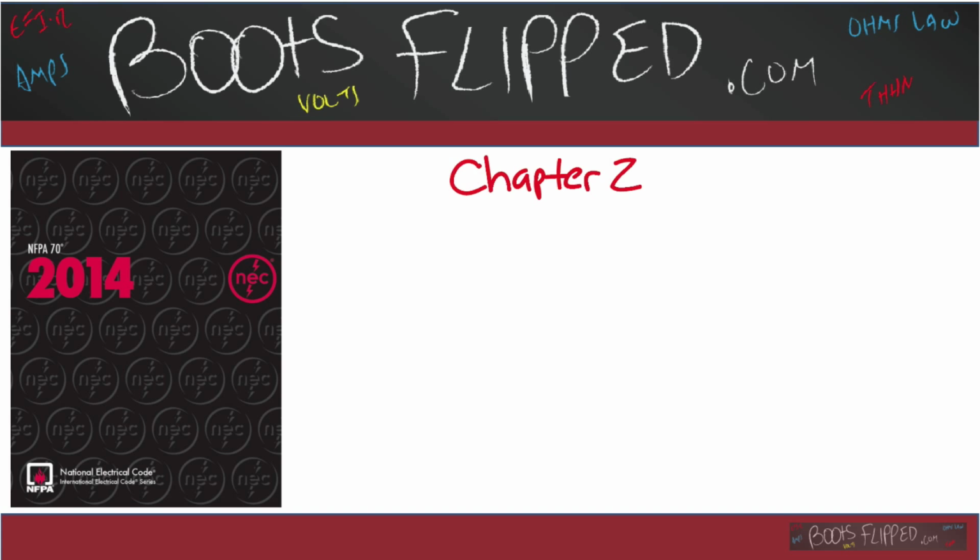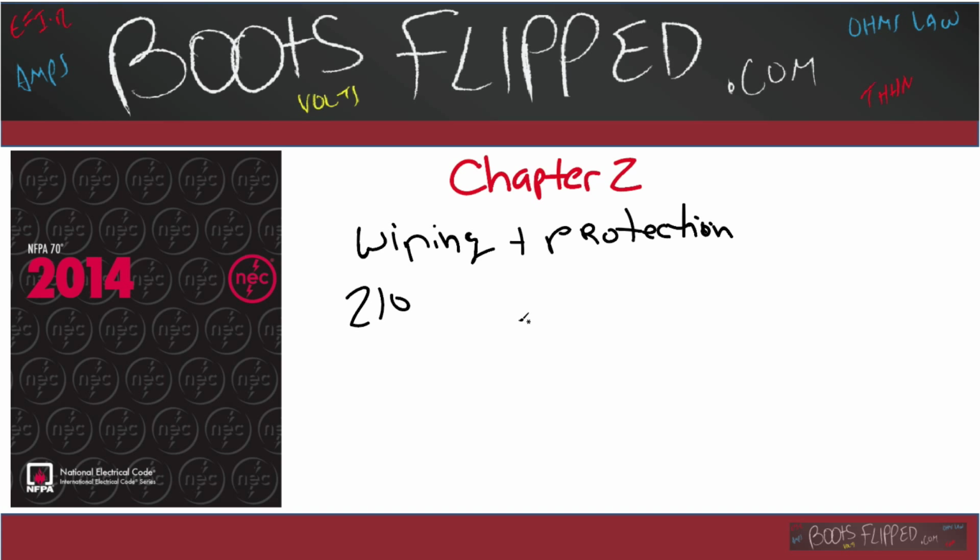Now let's get into Chapter 2. Chapter 2 is wiring and protection. This is where we're going to find Article 210. That helps us do branch circuit layouts.